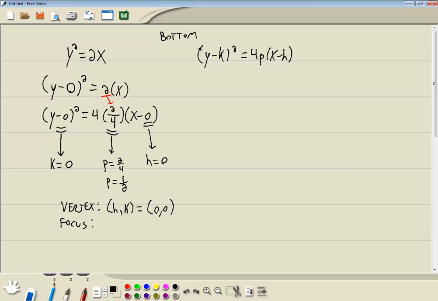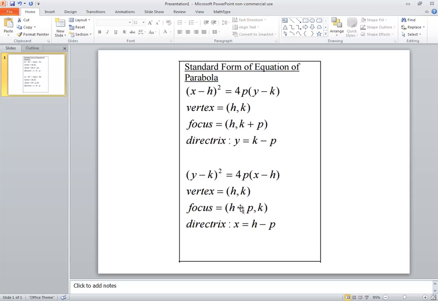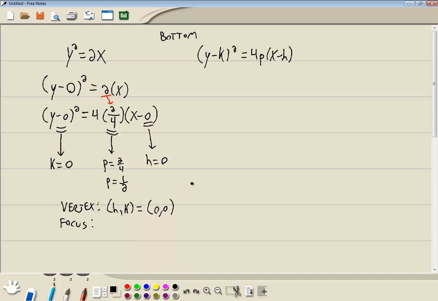Now our focus. Remember, we're using the bottom formula. Our bottom formula says the focus is (h plus p, k). Well, h is 0, p is 1/2, so 0 plus 1/2, comma, k is 0. So our focus is (1/2, 0). That's the first thing they're asking us for.